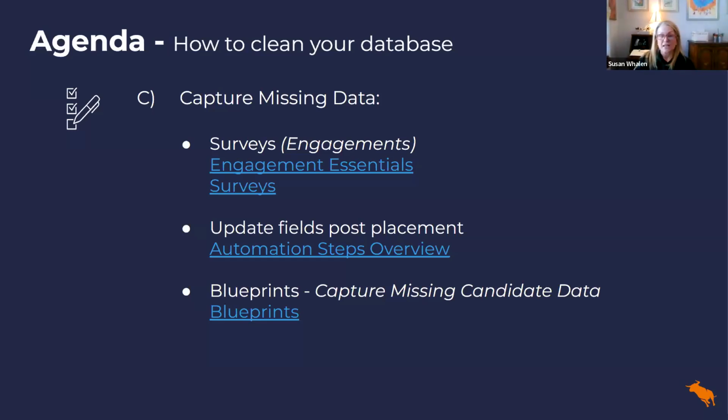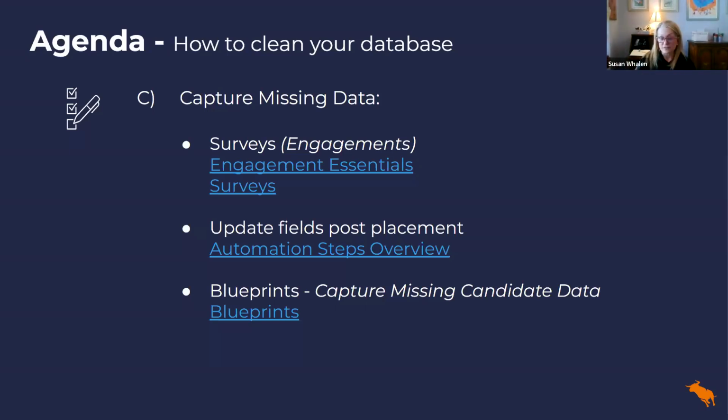Another idea is to auto update certain fields based on events that have already happened. For example, post-placement. You've placed a candidate in a role, and you could use the job title from the placement record, which is connected to the job record. You could use the job title on the job record to update the position title on the candidate record moving forward in a placement-based automation centered around perhaps the placement start date.